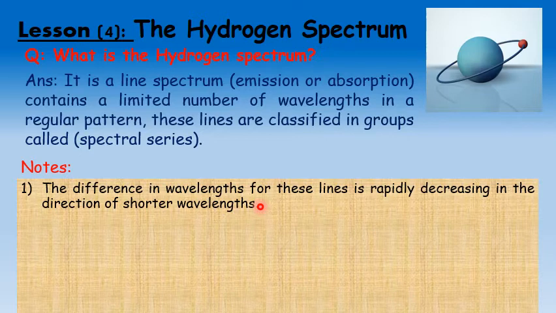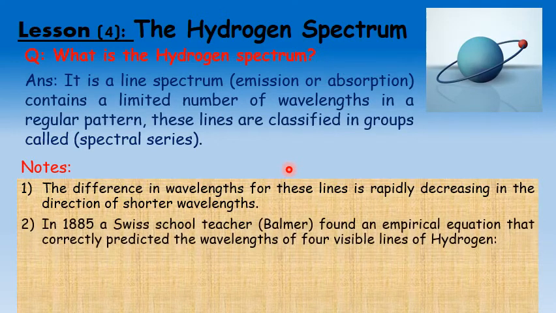That means when we go to the side of shorter wavelengths, or when the wavelengths become shorter, the difference between the lines in the series decreases. And this is the first note.